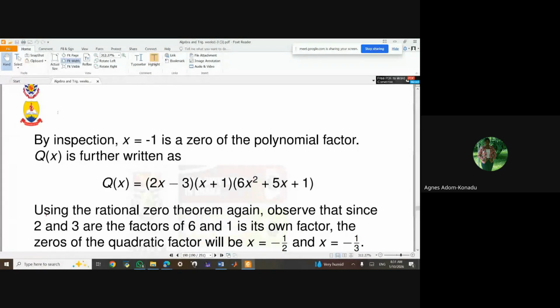Then you substitute them into the function. You will see that they will be factors or zeros of the polynomial function. So that's all about the rational zero.